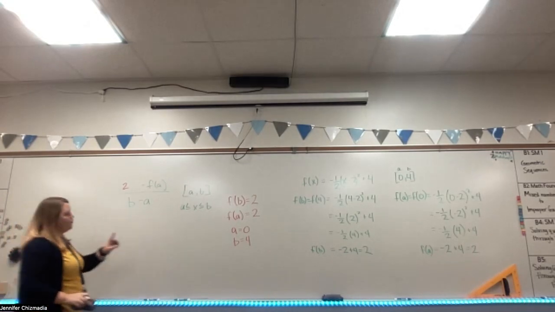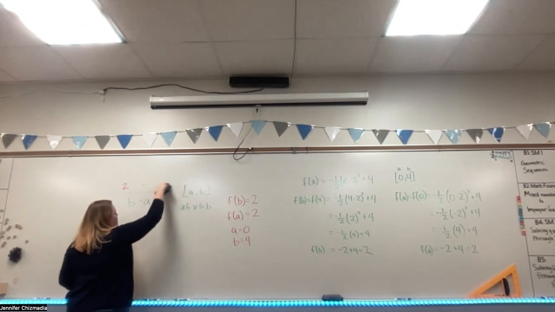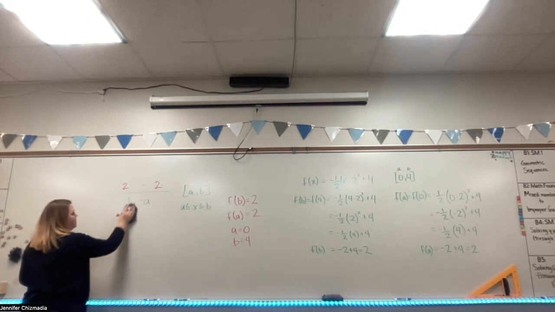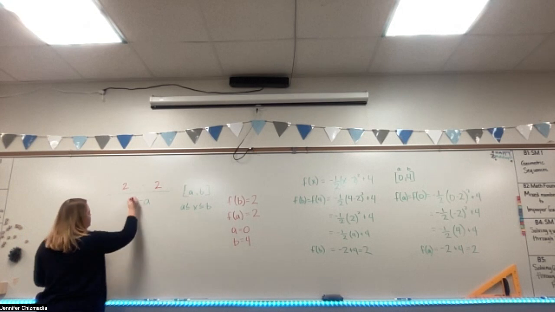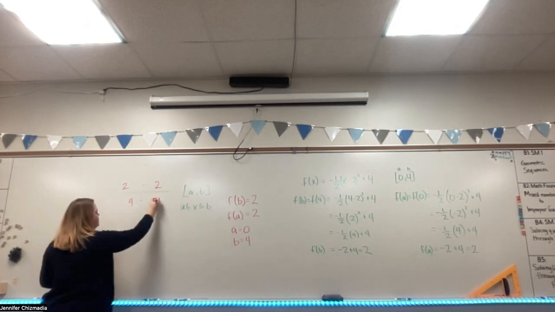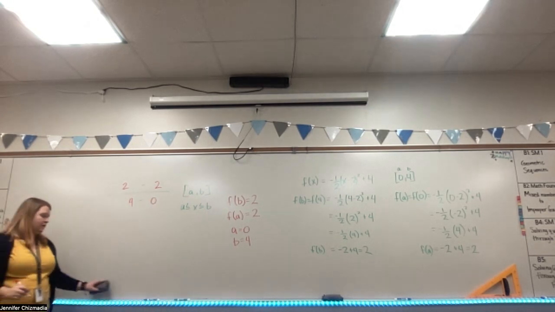Okay, if f of a equals 2, then I can put a 2 in right here. Okay, b equaled 4. And a equaled 0.